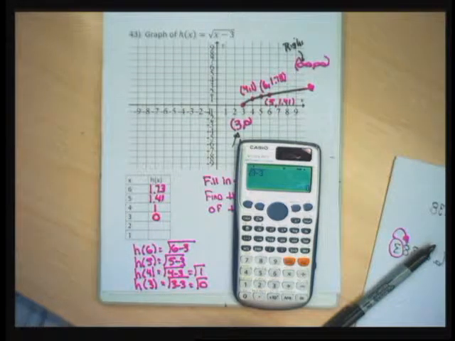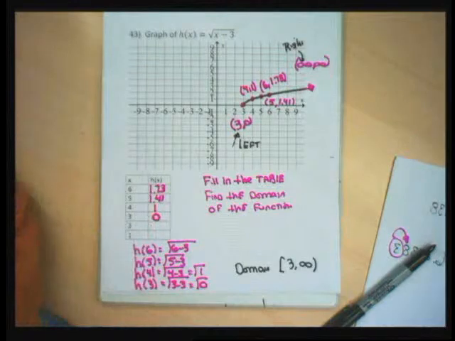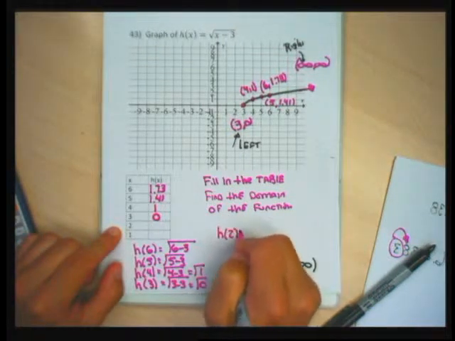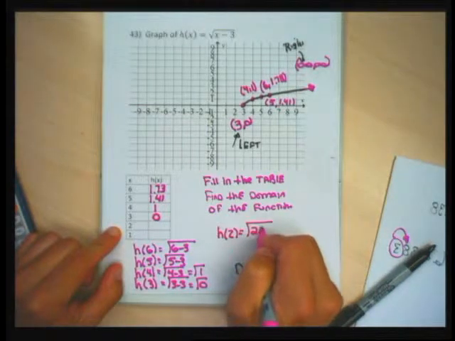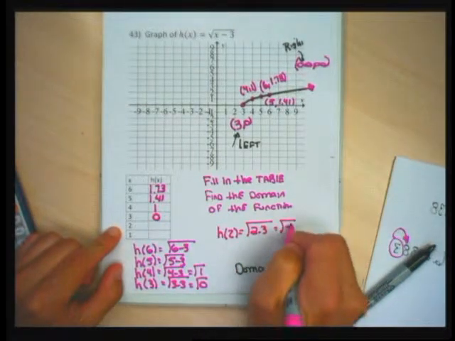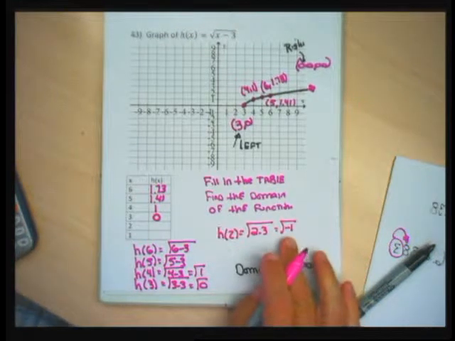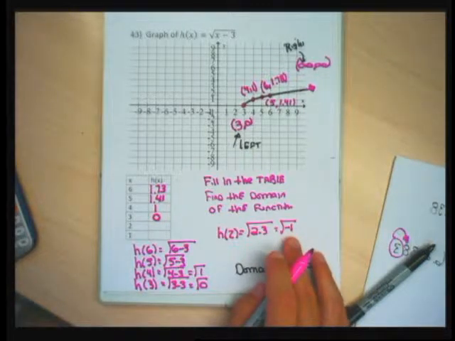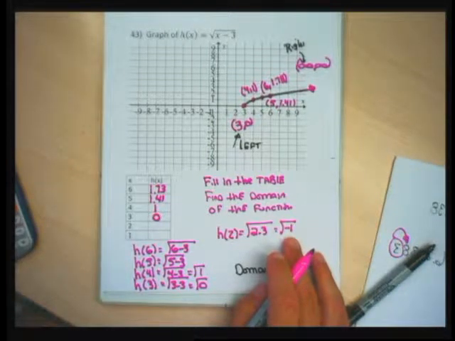Something bad's going to happen for the next two parts. If I do h of 2, I get the square root of 2 minus 3, which is the square root of negative 1. This asks me the question, what number times itself twice is -1? If I thought the answer was 1, it's not, because 1 times 1 is 1, not -1. If I thought the answer was -1, I'm wrong because -1 times -1 is also +1.